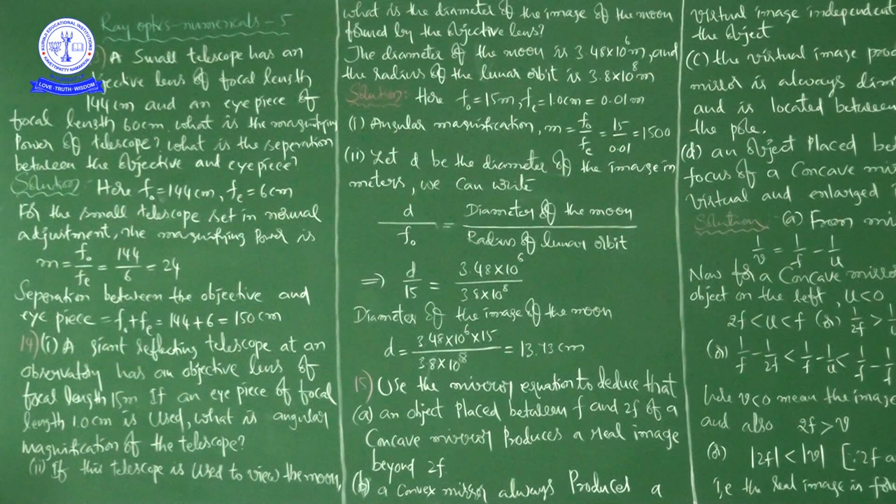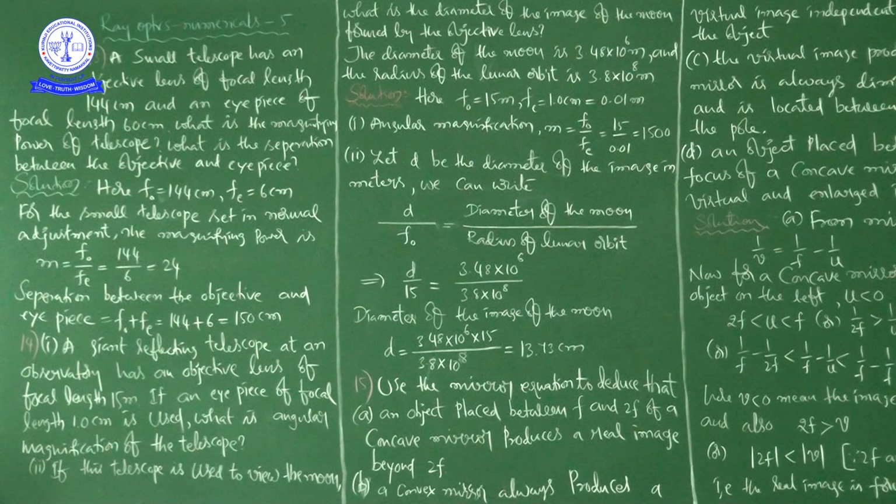So f naught is 144 centimeters and fe is 6 centimeters. So 144 by 6 is equal to 24.